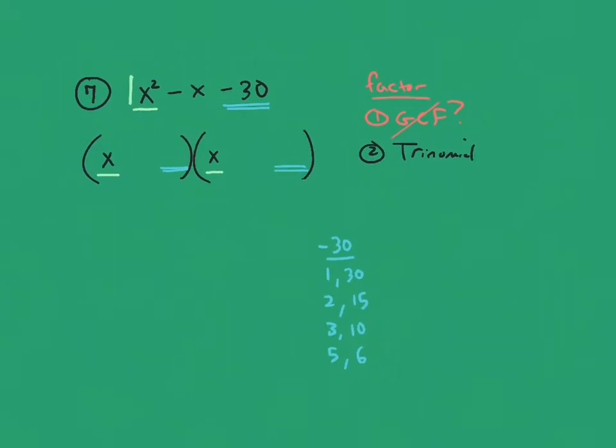So in this case, we're wanting one that adds to -1. 5 and 6 can add to -1 if the 6 is negative. So we need a +5 and a -6.